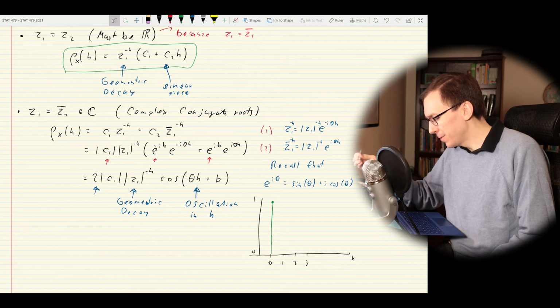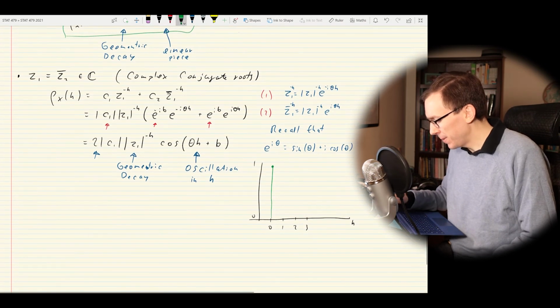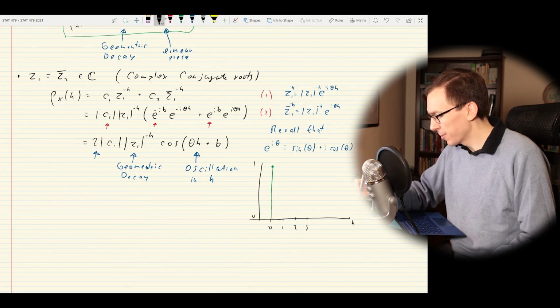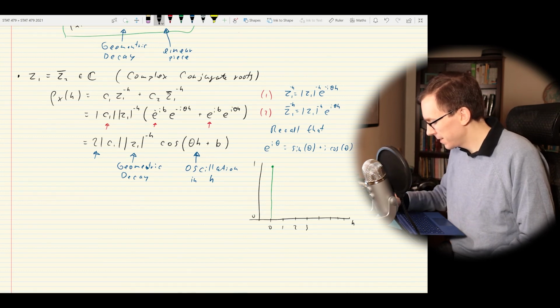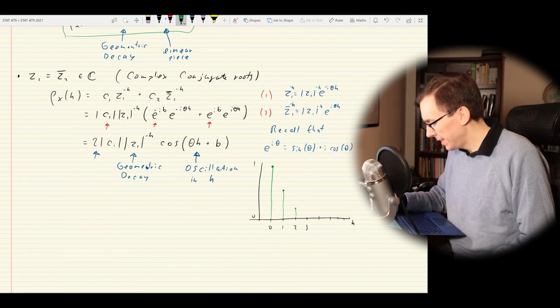But when we move to lag 1, now we're going to start to get some cosine bit in here. I might need some more room here. What we might see is something that looks like this.